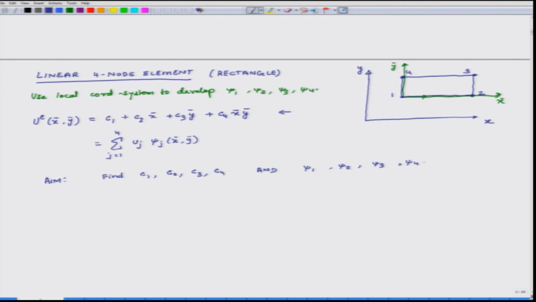So, before we start doing this, we will also put some dimensions on this rectangle.